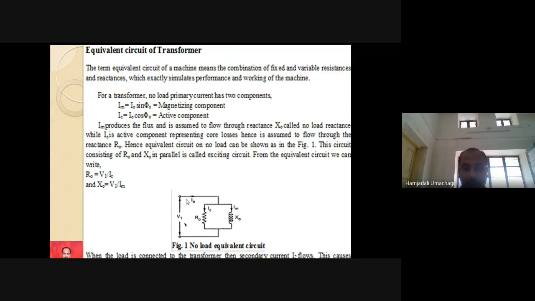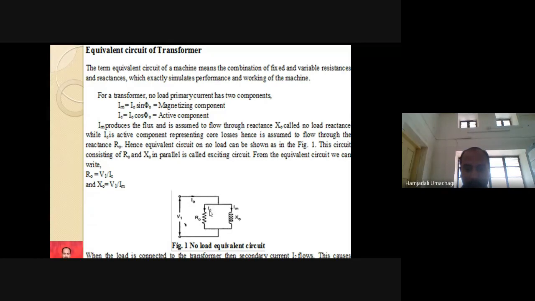Whenever we don't have any load on the secondary side of the transformer, then it will have no load current I naught. Once it reaches the magnetizing branch, it gets split into two current components. One is current IC, another is current IM.